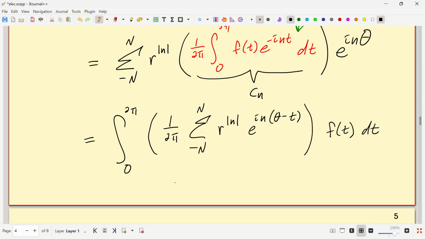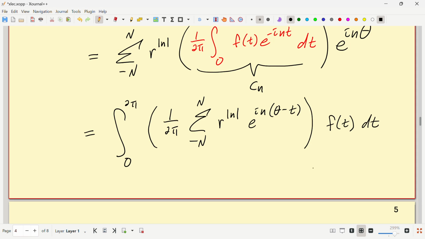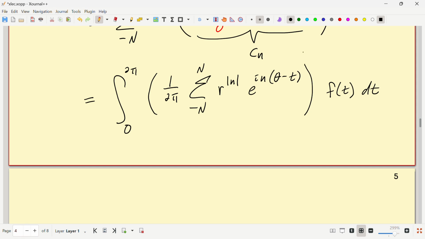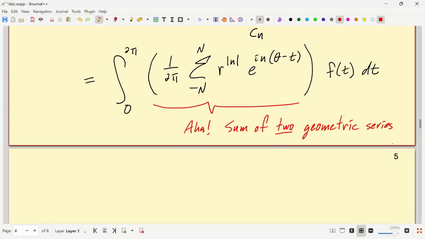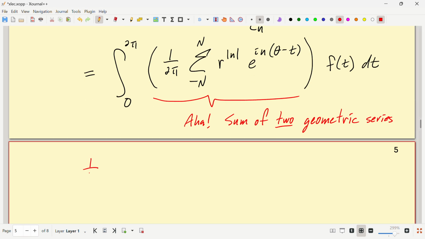So this is just a sum of two geometric series. Let's see, we get a 1 over 2 pi. The first one is the sum from 0 to n, and the second one is the sum from minus n to minus 1.